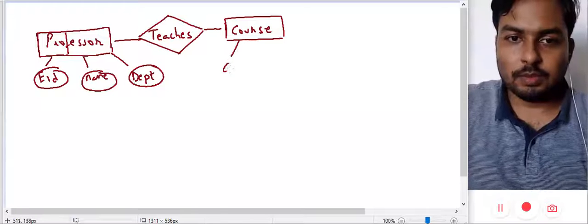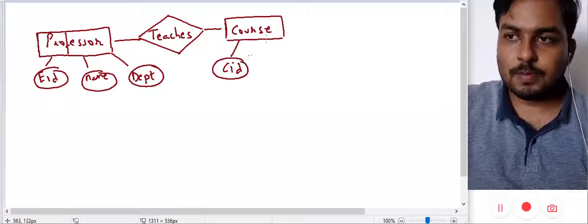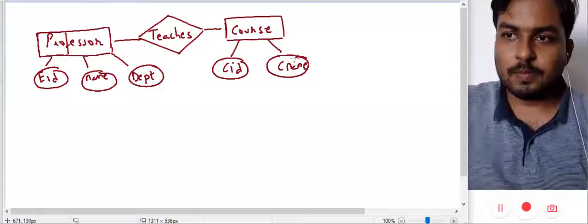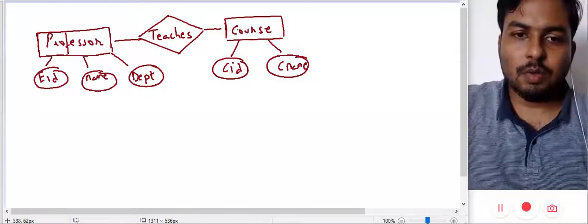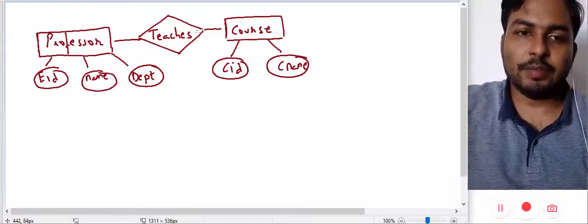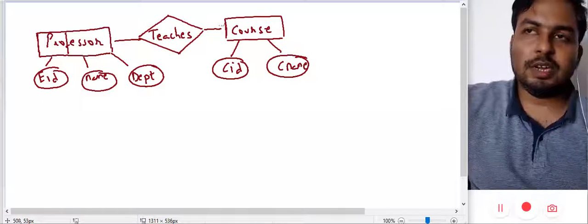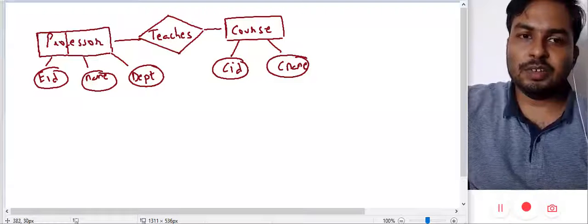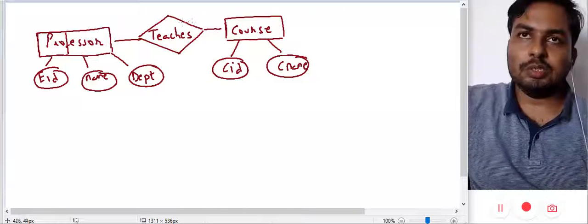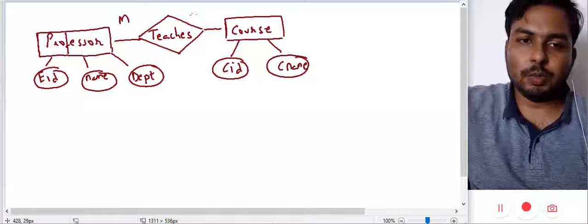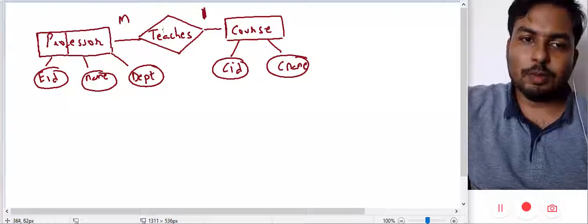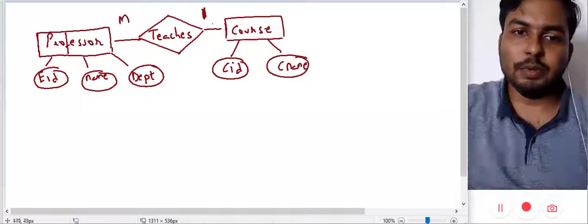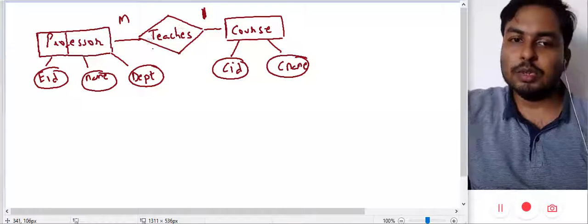The course will have a course ID and a course name. The same course is taught by multiple professors, so a professor is associated with one course and a course is associated with many professors. So it's an M:1 relation. You don't have to worry about what kind of relation it is between professor and course. If they give you an M:1 relation, then okay, fine.